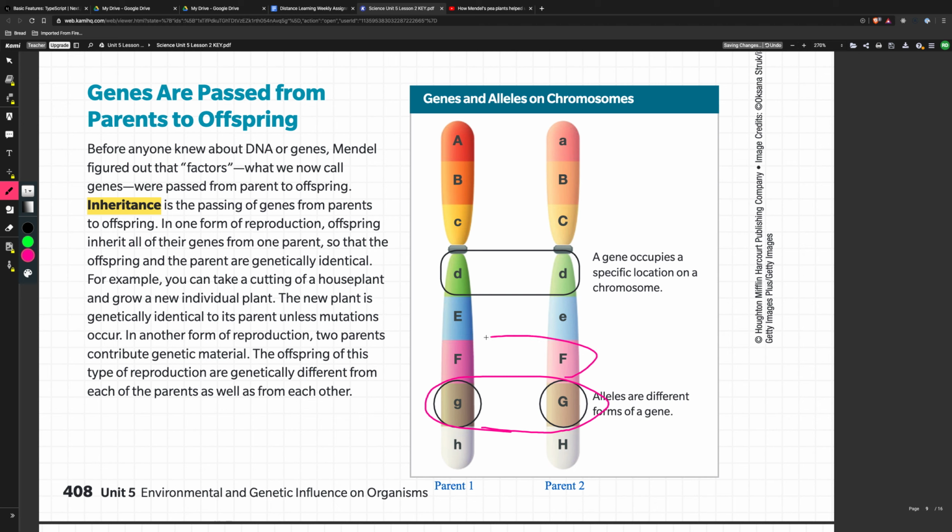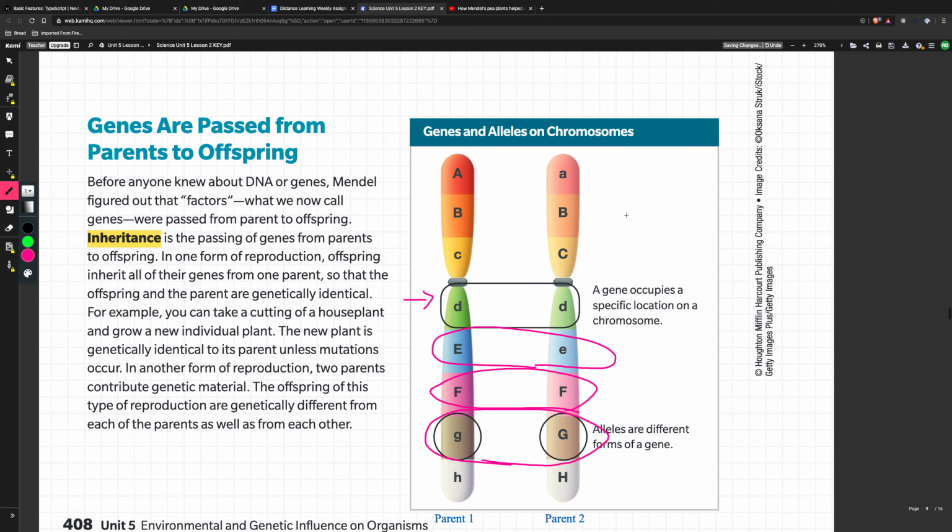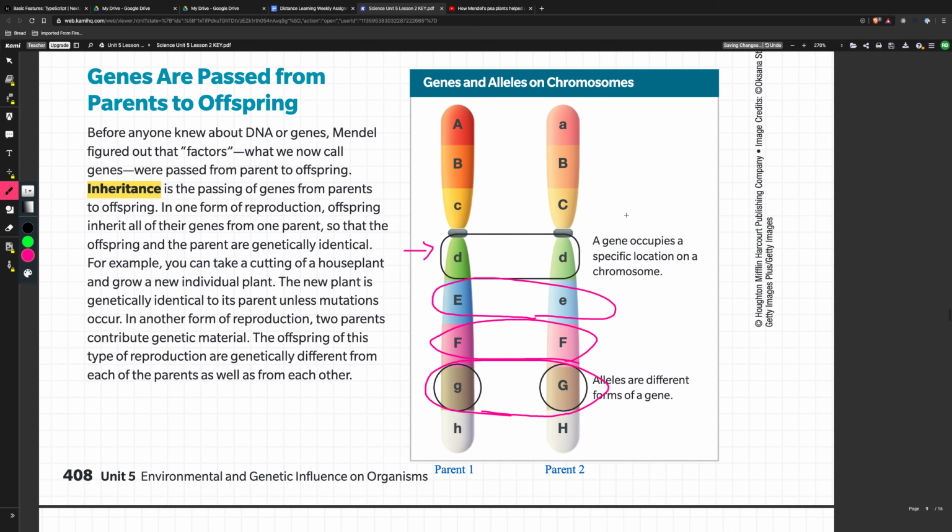For this gene, you would have the dominant gene because they're both dominant. For this one, you would have the dominant gene because there is a dominant one. This one right here is the only one where you'd actually get the recessive gene, because this is both lowercase. But anytime you have a combo or both dominant, you get the dominant. Yeah, that is how genes get passed on.